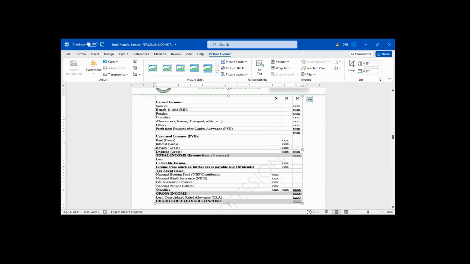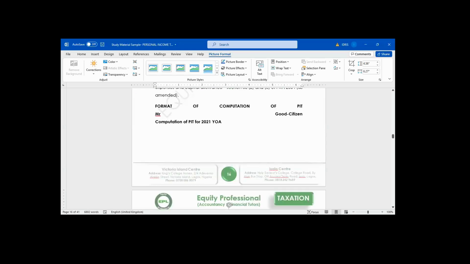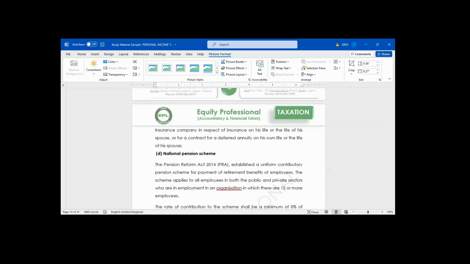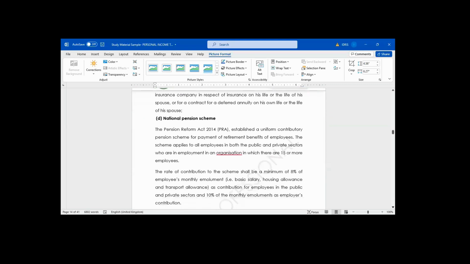Another tax exempt that we have is pension contribution. This one is so common, National Pension Scheme. We know every month from our salary, our employer deducts how many percent for pension? 8%. 8% of the sum of our basic, housing and transport allowance.